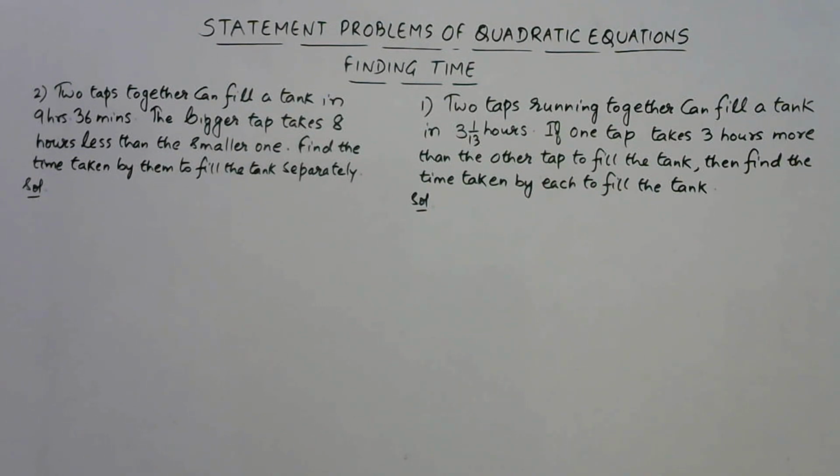Now in such a question, we need to use only one variable and we need to assume that the time taken by the faster pipe or the pipe of larger diameter is x hours.